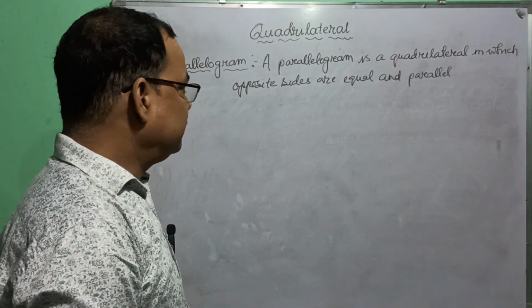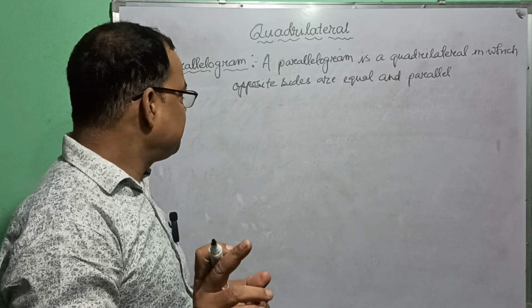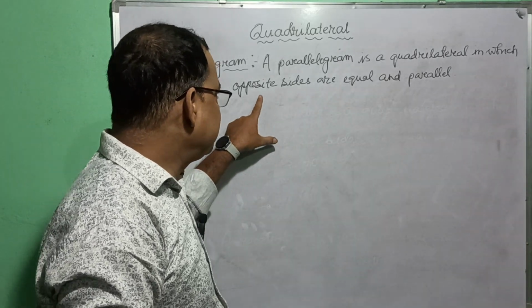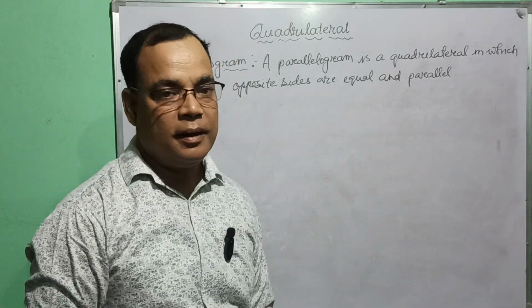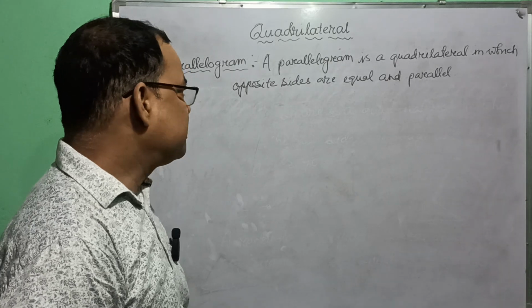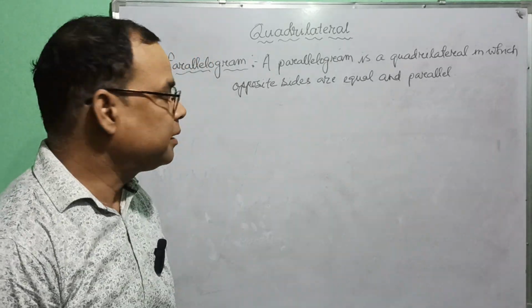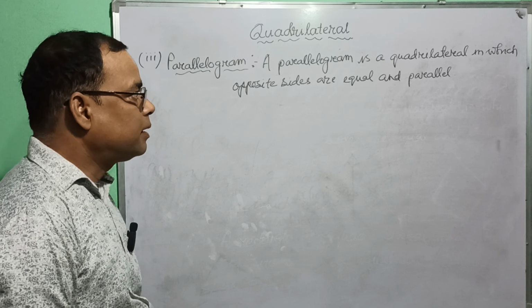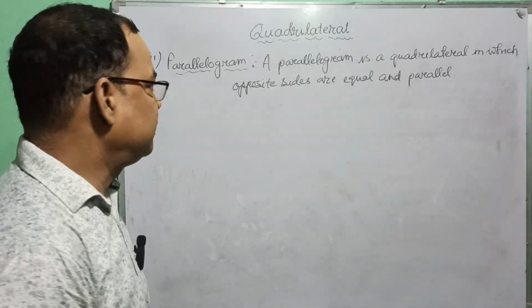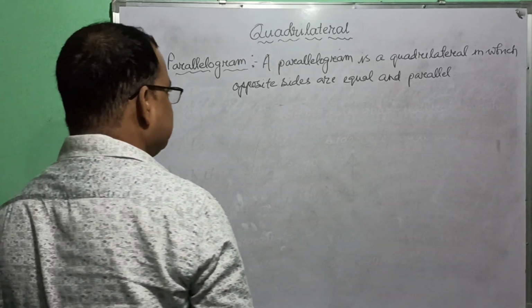But here you just see that here it is written opposite sides are equal and parallel, but if we define it opposite sides are parallel only, then also the definition is correct. But if we write equal and parallel, I think it is better. So this is the definition of a parallelogram.